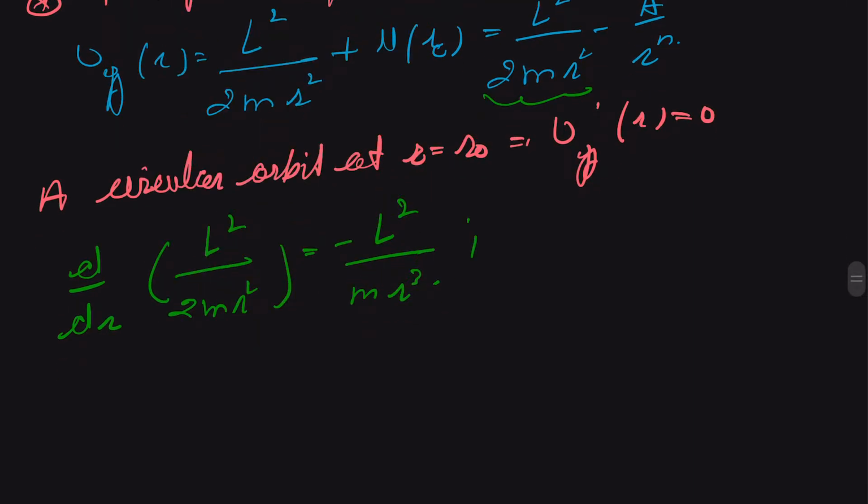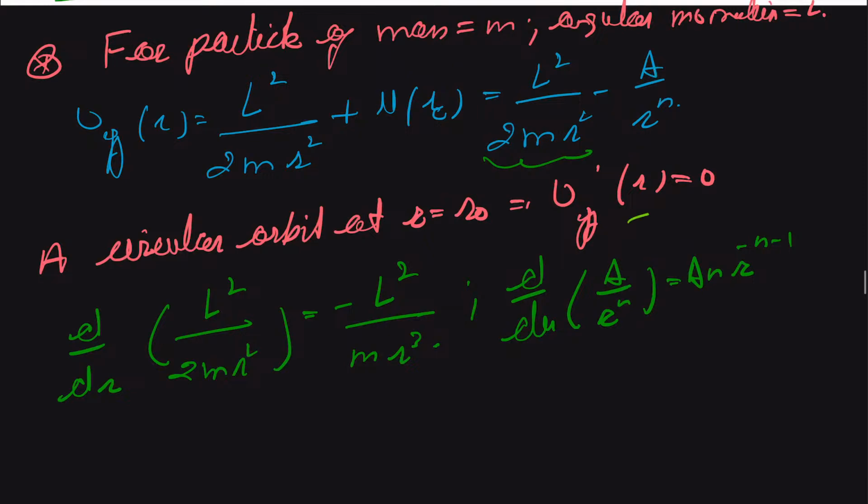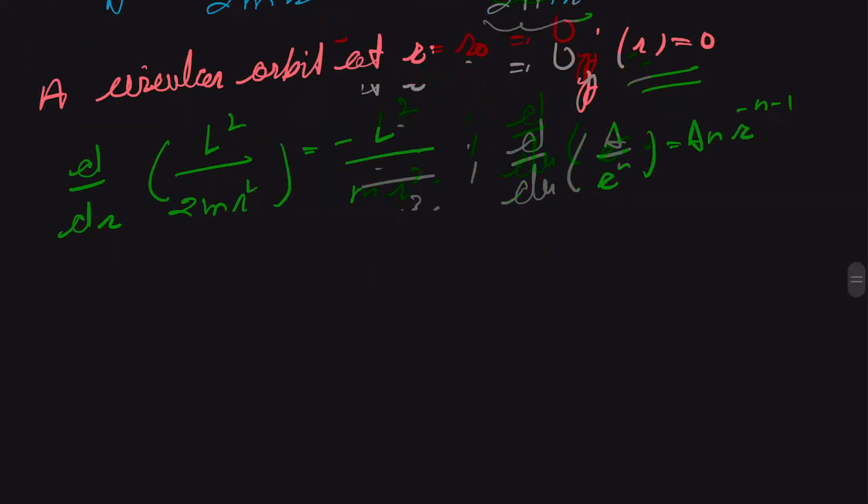Similarly, we can find the derivative of our second term, which is a upon r raised to power n, which gives us a times n r raised to power minus n minus 1. And we substitute it, and its first derivative is equal to 0.